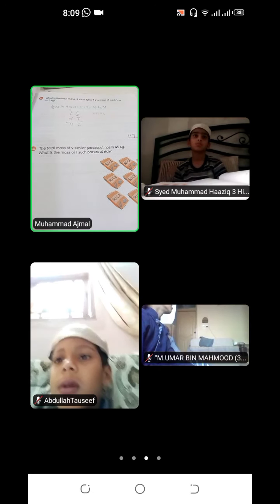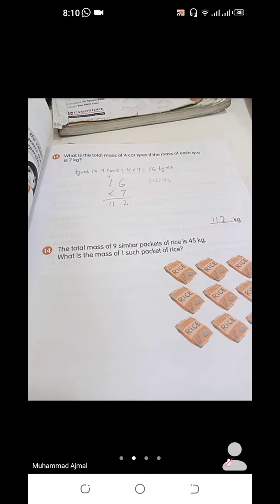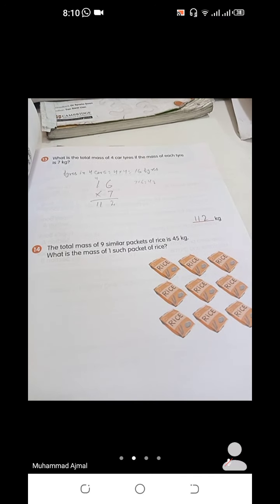Okay, the second question is the total mass of 9 similar packets of rice is 45 kg. What is the mass of one such packet of rice? Yes, what will we do here? Yes, Rayyan. Muhammad Rayyan.